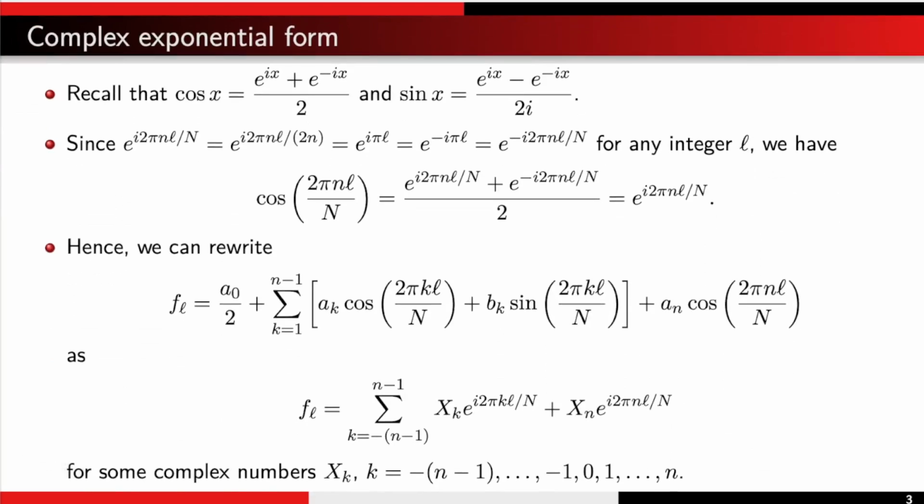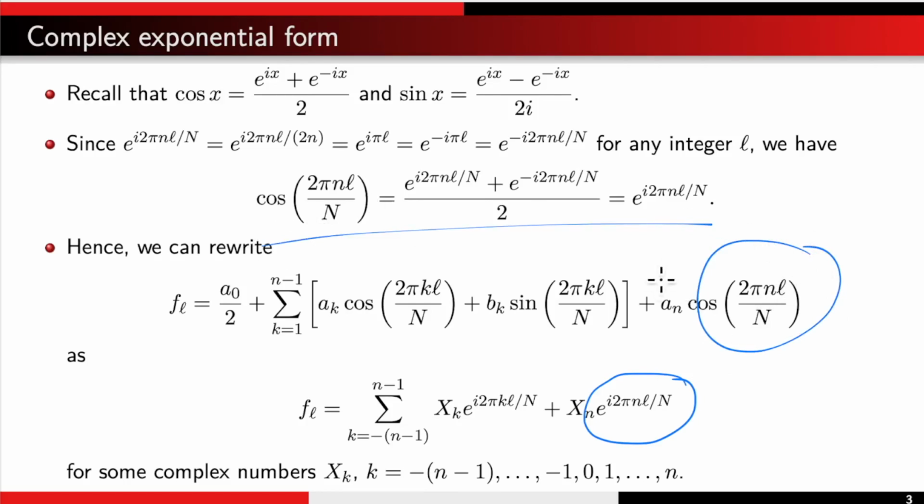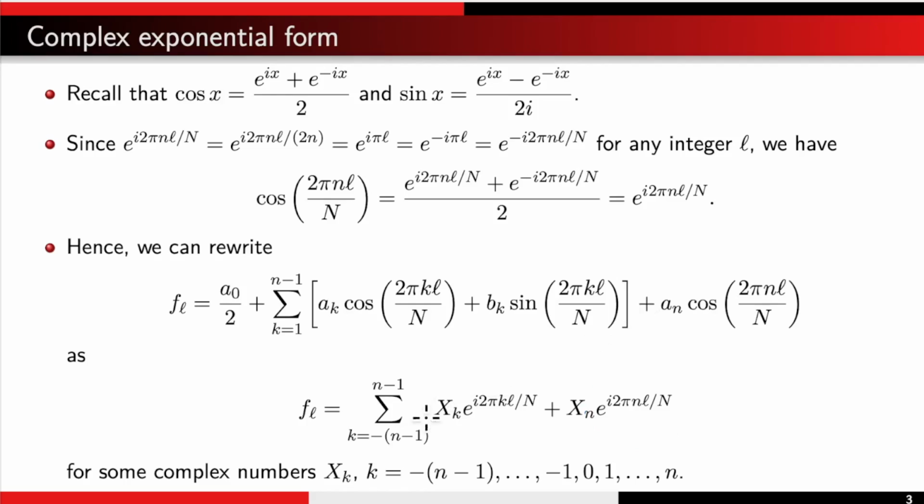And so the expression we have for fl can now be written in this form in terms of e to the i 2 pi k l divided by n. This comes from this because of this here. And as we can see, k can be integers from negative 1 to negative n minus 1, as well as 1 up to n minus 1.